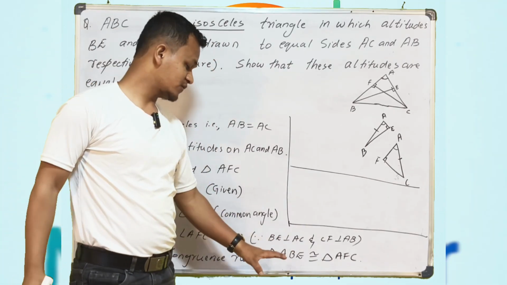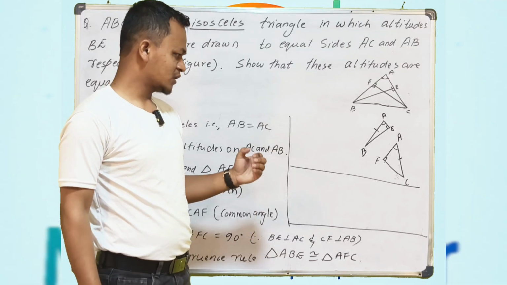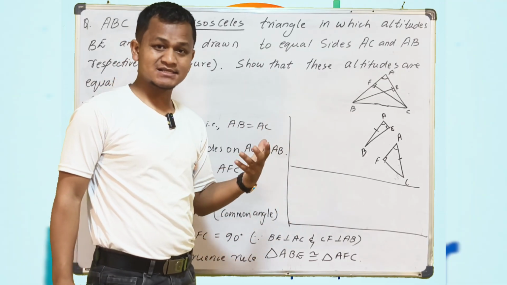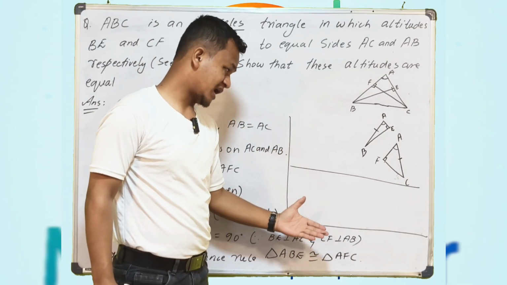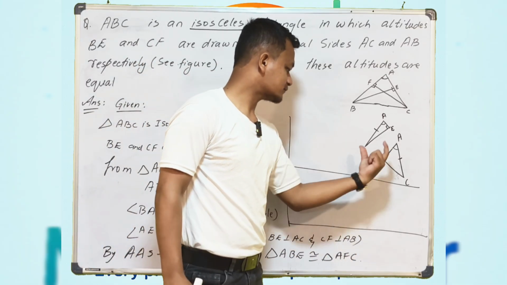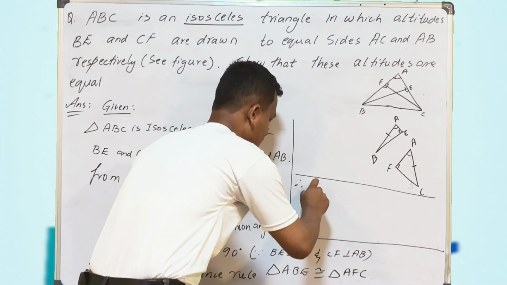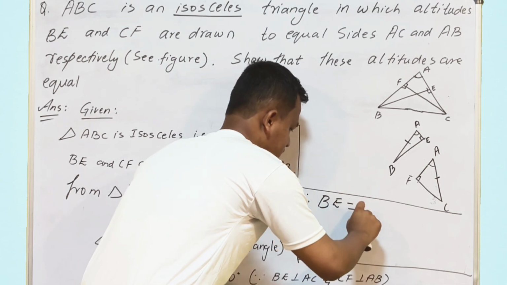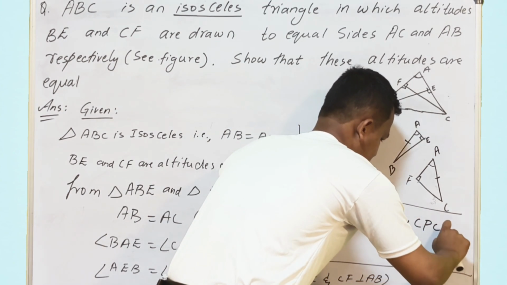We have already proven that triangle ABE and triangle AFC are congruent. Congruence means the corresponding sides and the corresponding angles must be equal. So what can we say in the last line? We can say that BE is equal to CF. Therefore, BE is equal to CF by CPCT.